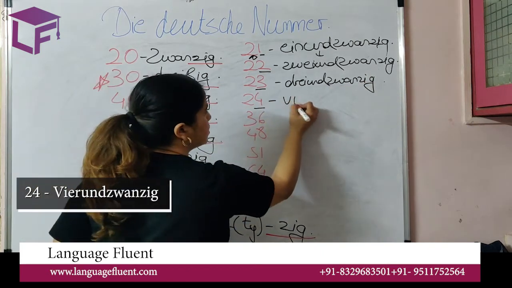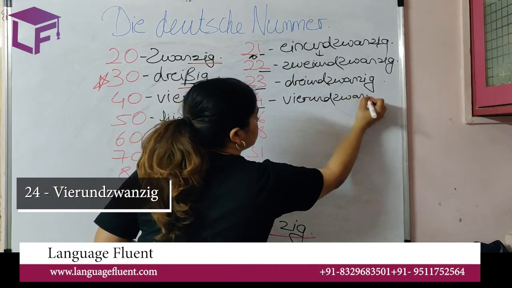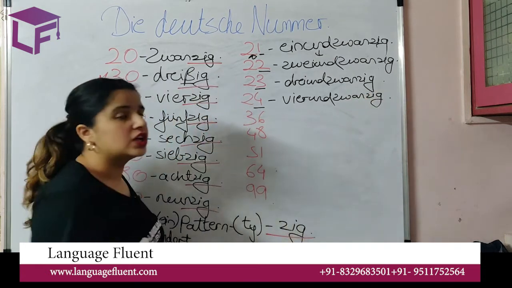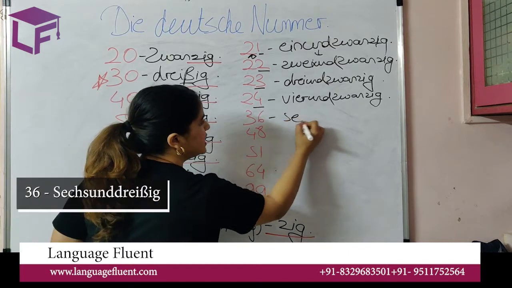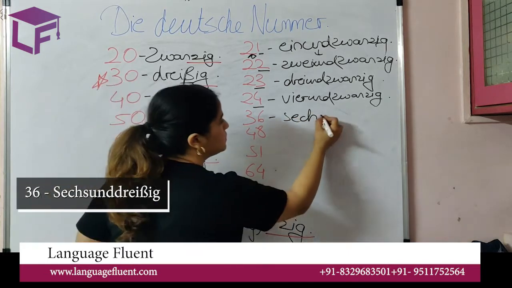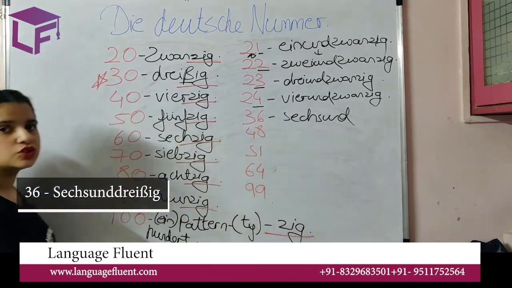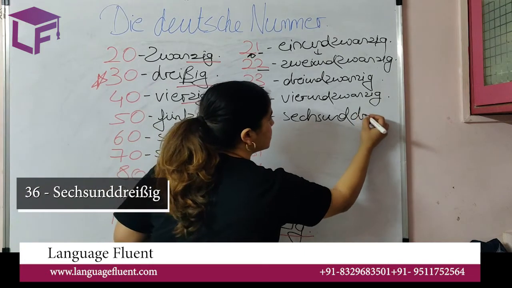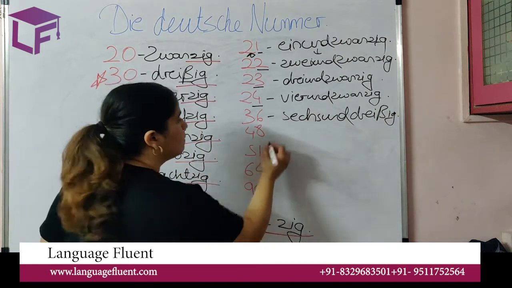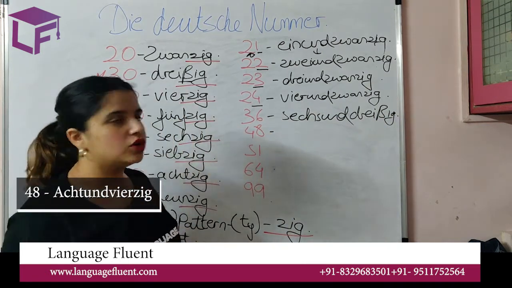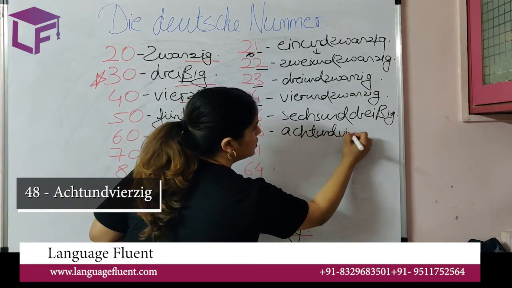First 4, und 20. Now 36. So first 6, that is 6 und 30. So 6 und 30. 48, first we will use 8 and 40.